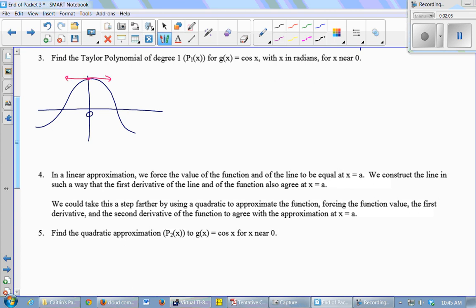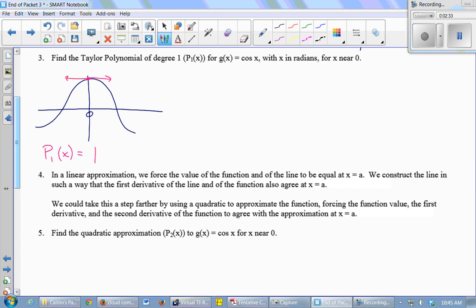This line is what I'm looking for, the equation of that line. We're going to call that P1 of x. So just by looking at it, you could tell me the equation of the line, right? What is it? It's flat, which means its slope is 0, but what's the equation of the line? y equals 1. Yep.